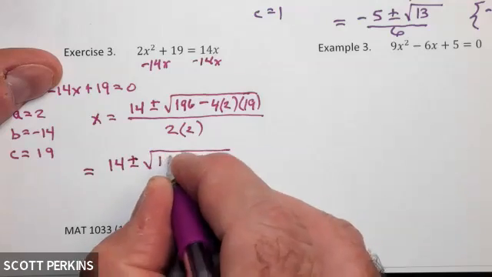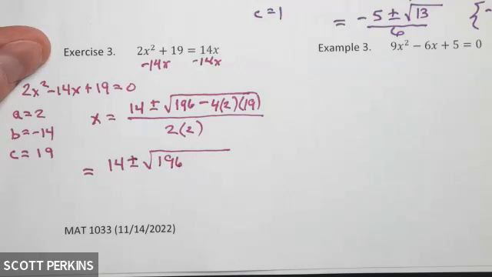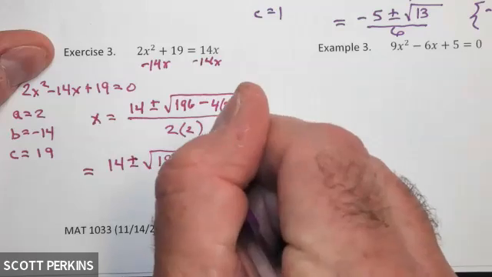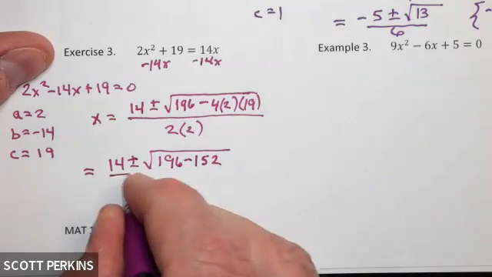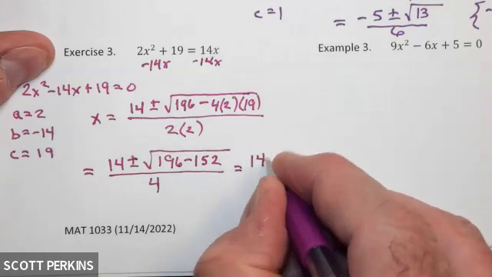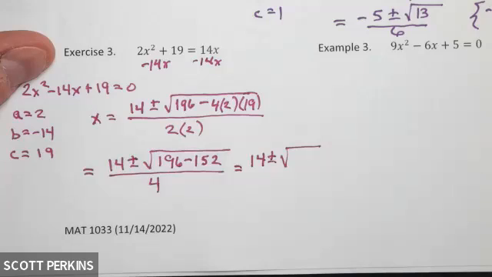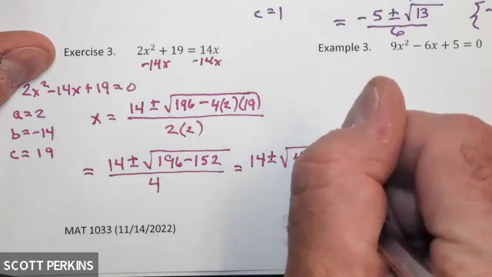So I have 196. 19 times 2 is 38. And then 38 times negative 4 is negative 152. 196 minus 152 is 44.